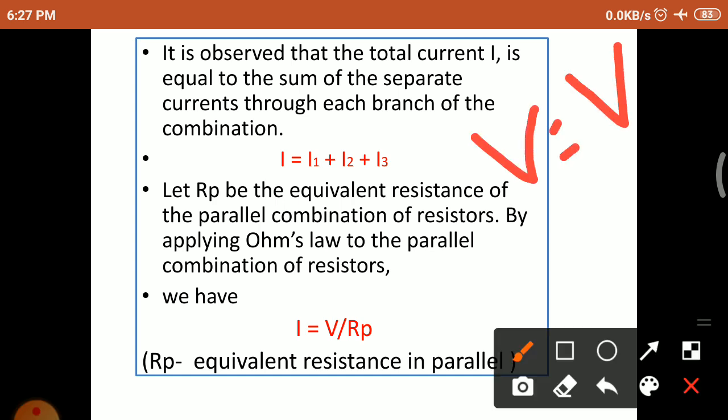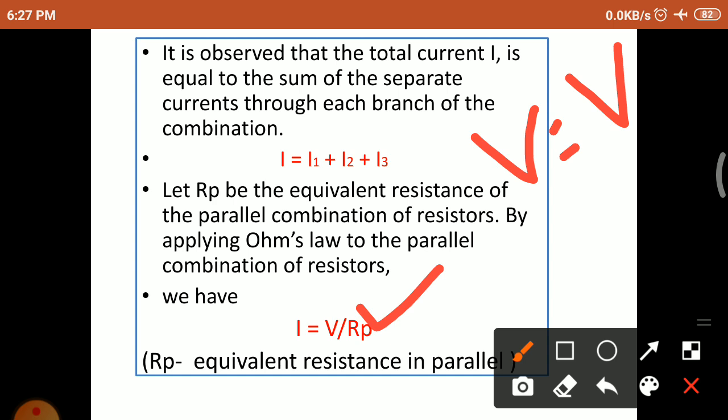Now we are going to find the equivalent resistance. How to calculate the equivalent resistance? We already know it for a series combination. Using Ohm's law, we can find the equivalent resistance. From Ohm's law, I can write I equal to V by Rp.